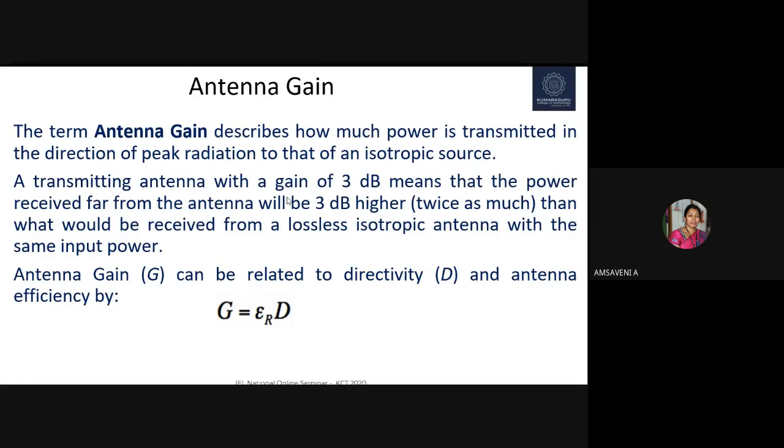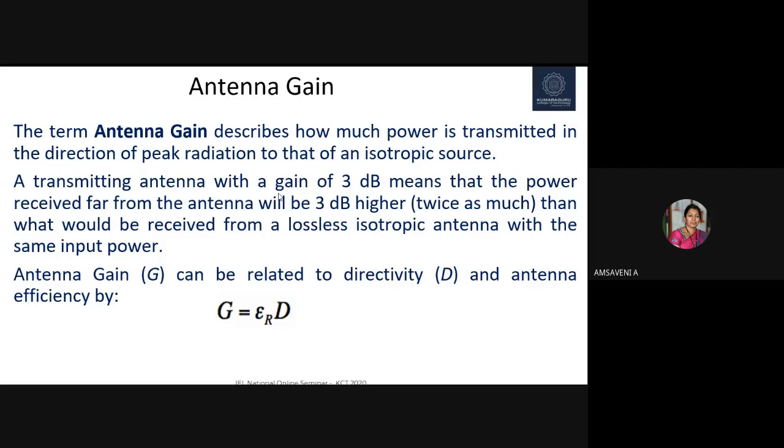That is power radiated by your test antenna by power radiated by your isotropic antenna for the same input power. So for example, a transmitting antenna with a gain of 3 dB means that the power received from the antenna will be 3 dB higher than the power received from an isotropic antenna, when both antennas are fed with the same input power.